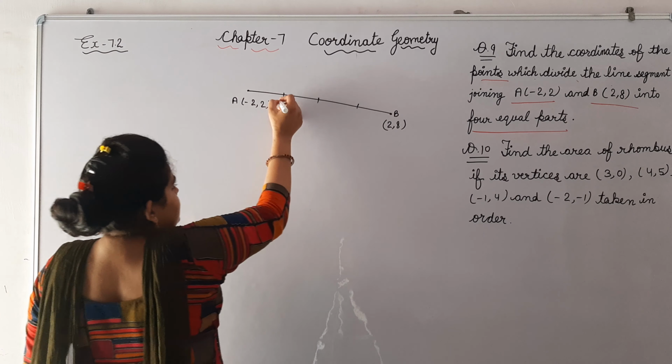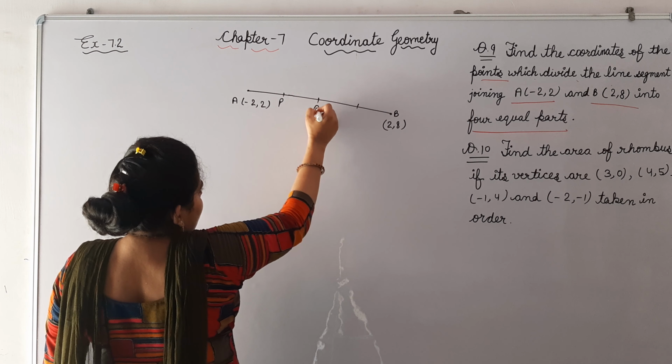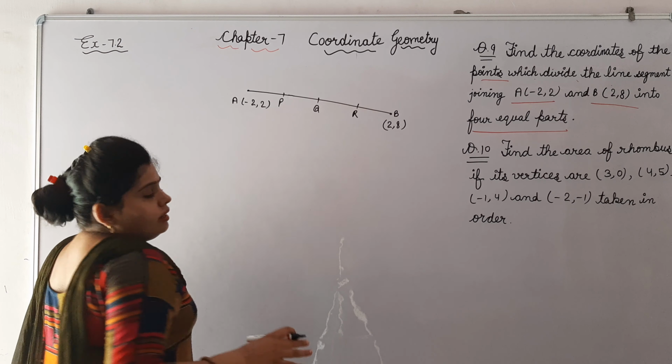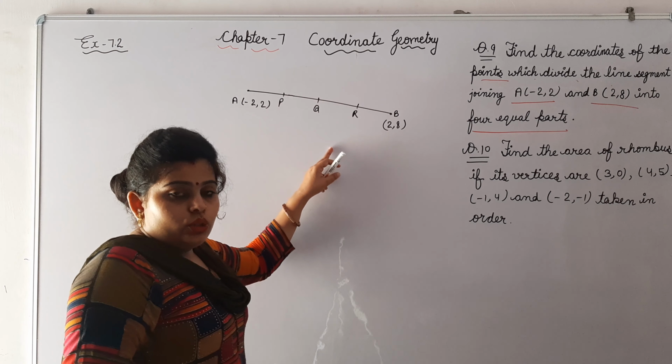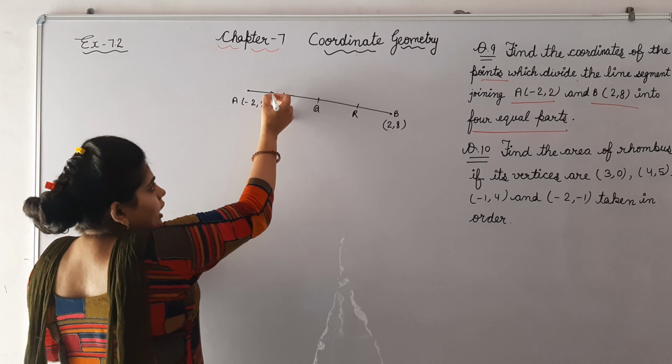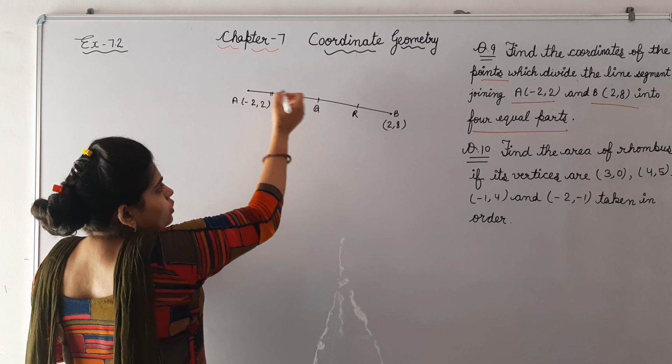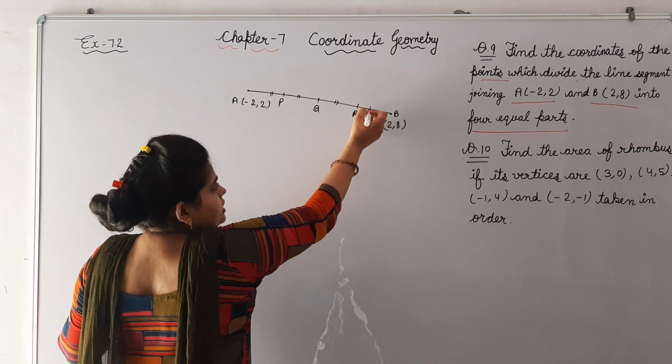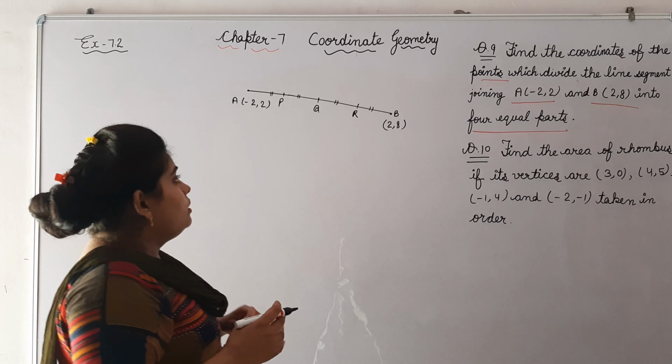Let points P, Q, R divide AB into 4 equal parts. Means AP is equal to PQ is equal to QR is equal to RB.